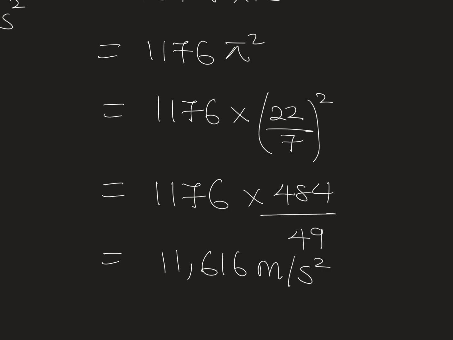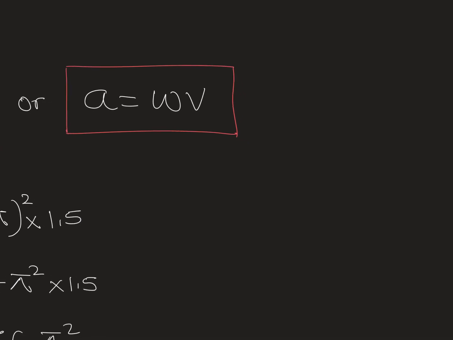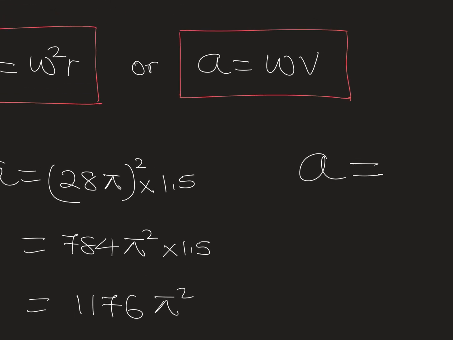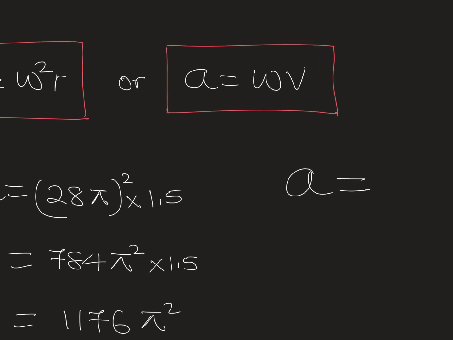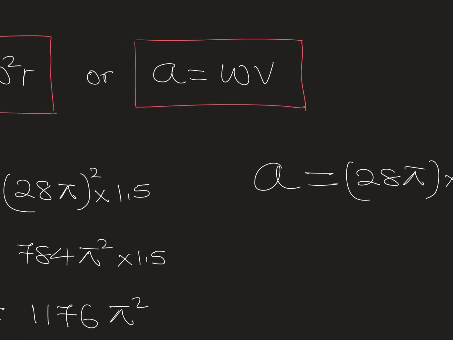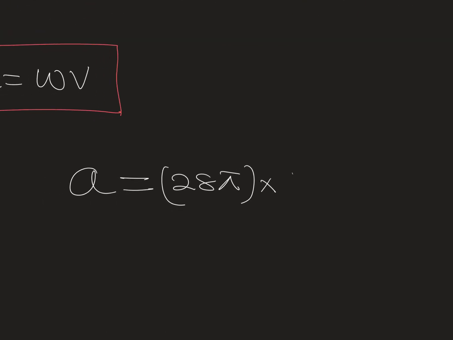meters per second squared. The other formula is acceleration is equal to omega times v. So if we use that, acceleration is equal to the angular velocity, 28 pi, in radians per second, multiplied by the linear velocity, 132.